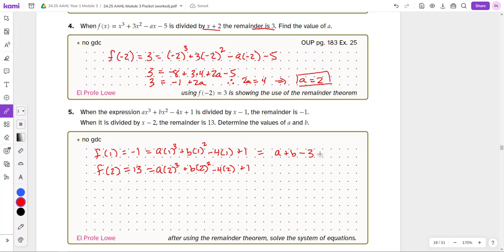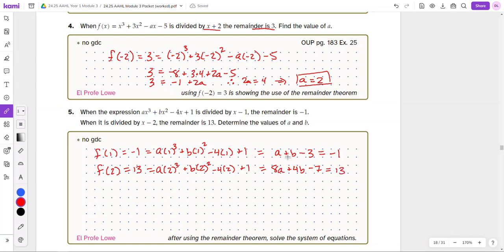So a plus b minus 3 has to equal negative 1. And for what I have down here, a times 2 cubed, that's going to be 8a. This is going to be plus 4b. And then I have minus 8 plus 1, that's going to be minus 7, and that's going to equal 13.